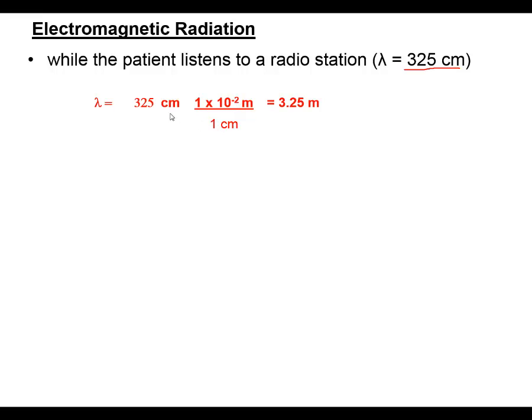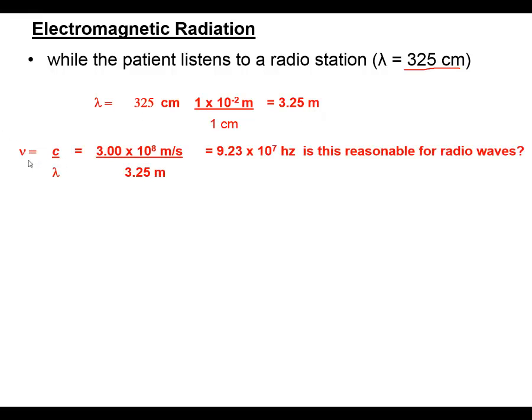My centimeters will cancel, and I have 3.25 meters for the wavelength of the radio station. That's a much longer wavelength than we were seeing for the X-rays, wasn't it? So I again solved for frequency in my equation: frequency is equal to the speed of light divided by wavelength.